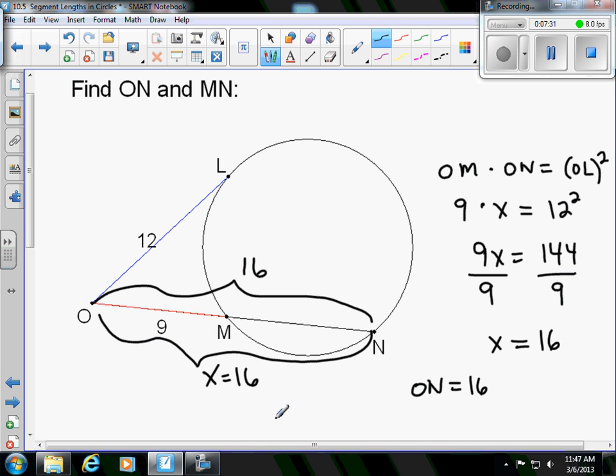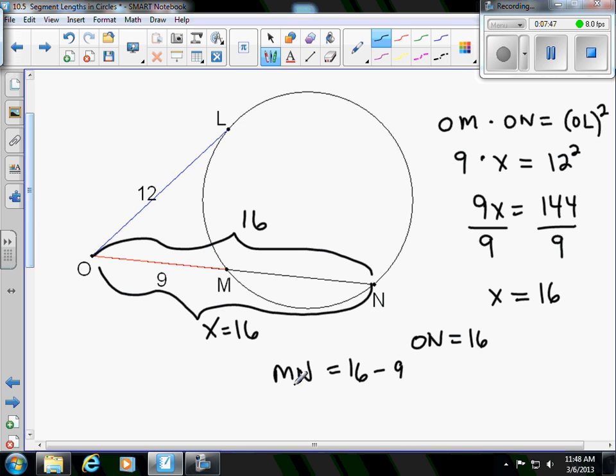Because that's what else we were asked to find. Well, from M to N, it would be the difference between 16, the long segment, and the shorter segment that makes it up. So 16 minus 9. So therefore, MN would be 7.